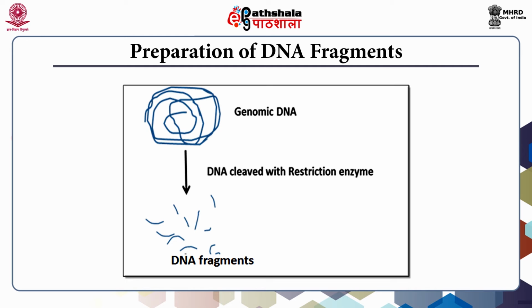Restriction enzymes are used for cleavage of genomic DNA at specific sites to generate small fragments. Many times, a combination of restriction enzymes is used. This preparation gives a set of DNA fragments which can be easily separated by gel electrophoresis.